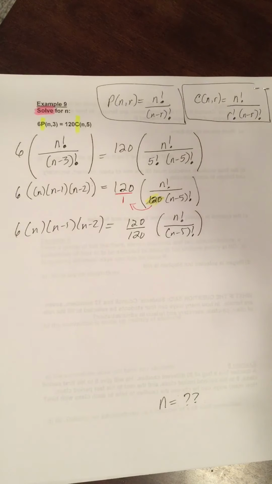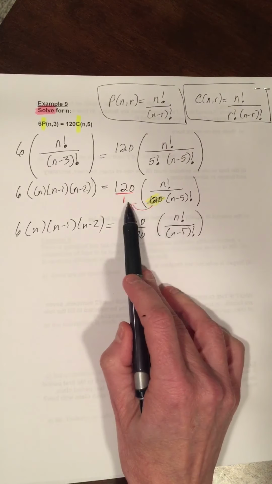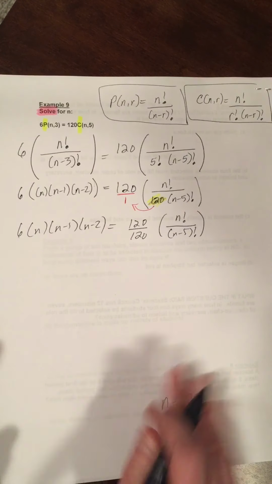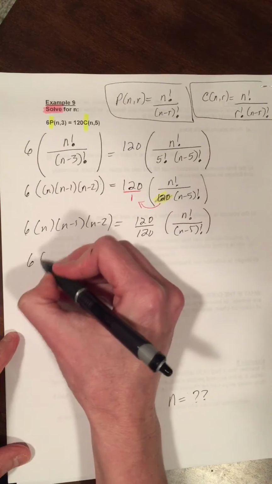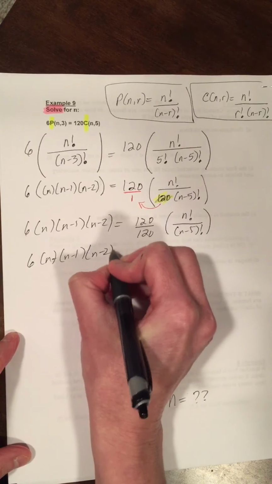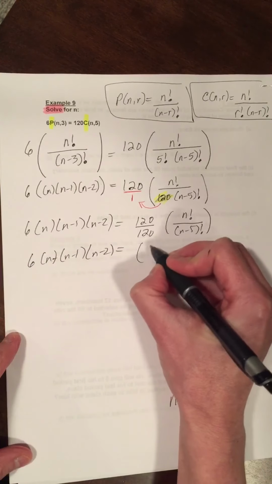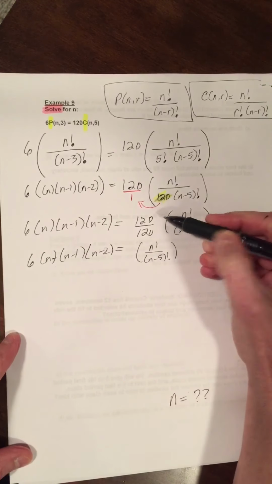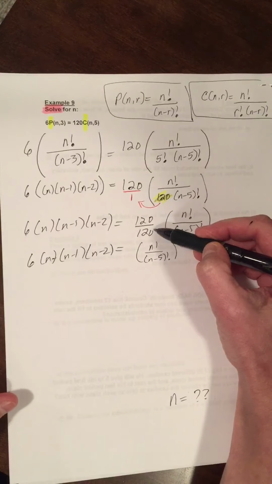So you're just moving things out. You're just moving this out in front so you can clean it up. And that cleans up beautifully. Let's take one more line. I know there's a lot of writing in this one, but I want it to be crystal clear for you. So 120 divided by 120 is 1.